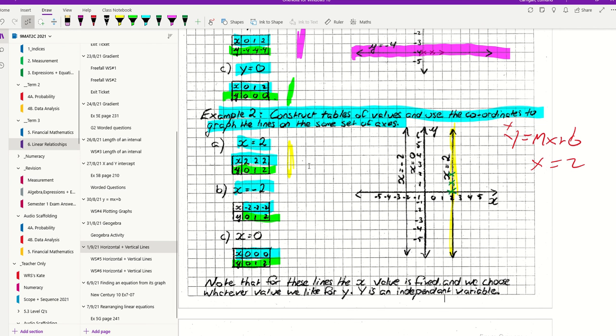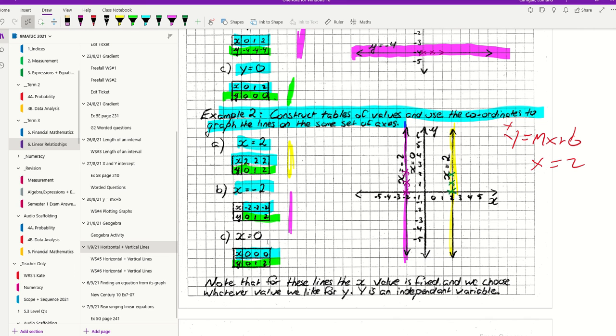My next one is x equals minus 2: minus 2, 0, minus 2, 1, and minus 2, 2. So when I plot that one, down I come through here. Once again, I've got a vertical line.